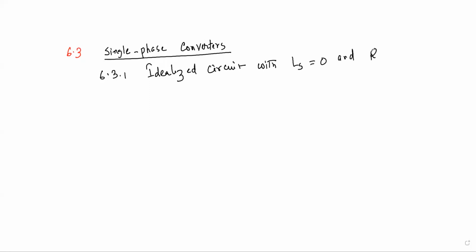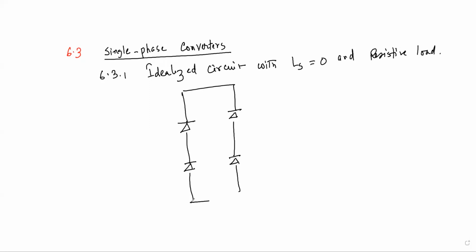Okay, for the resistive load first, let us discuss for the resistive load. Now, look at how I draw it. Are you familiar with this drawing? That will be in your quiz. This will be T1, T2, T3, and T4. Did I draw correctly the symbol of the thyristors? No, sir, they're diodes.